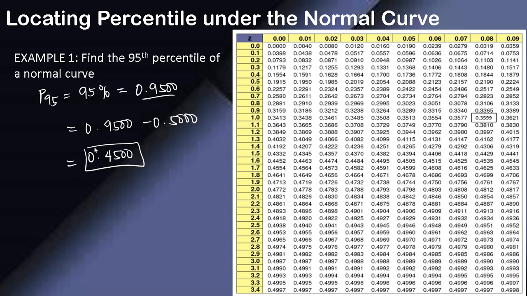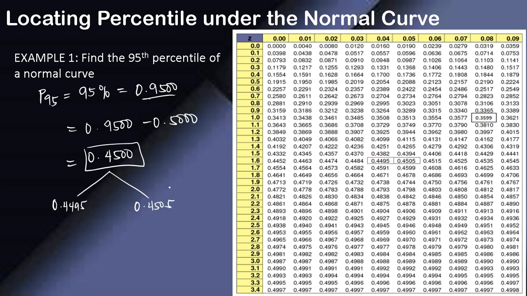Okay, kung mapapansin ninyo, wala po pala yung 0.4500 sa ating Z table. Hanapin ninyo yung dalawang mas malapit kung saan in between ang 0.4500. The first number is 0.4495 and the other one is 0.4505.